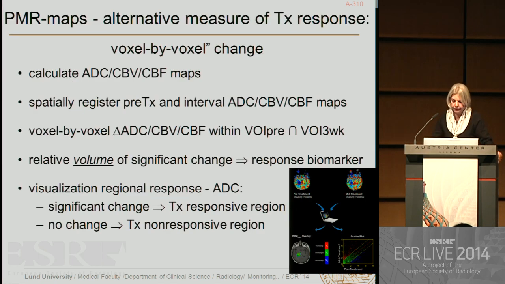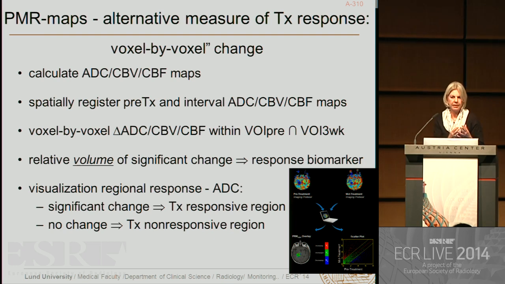So finally, a few words about the so-called parametric response maps, which is a technique where you use voxel by voxel changes from baseline to the next 3-week or 1-week interval to see how they change voxel by voxel within a lesion.